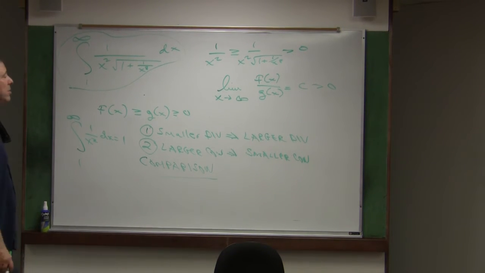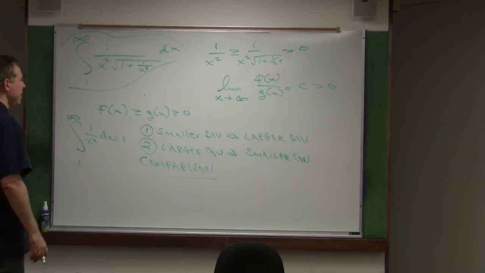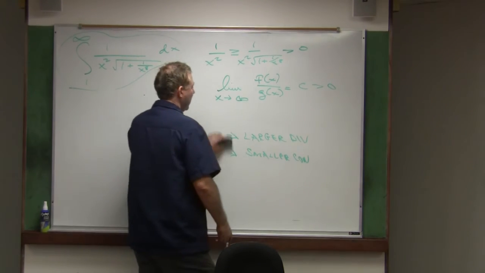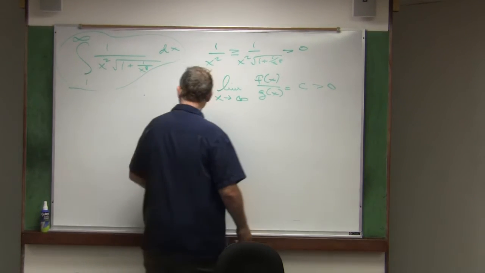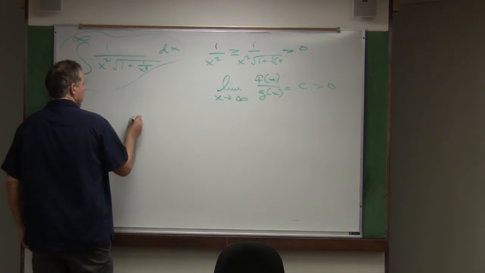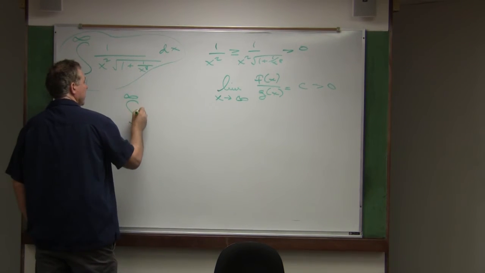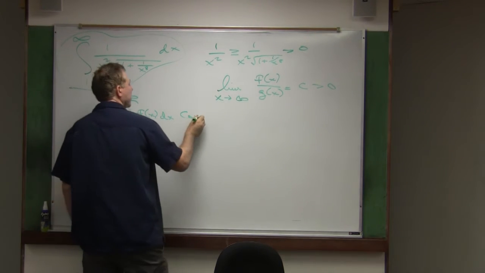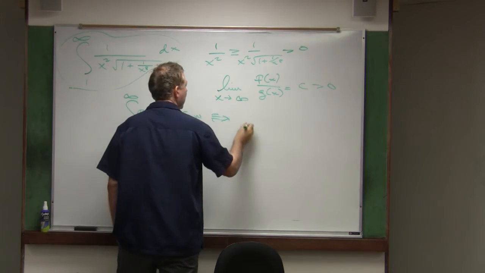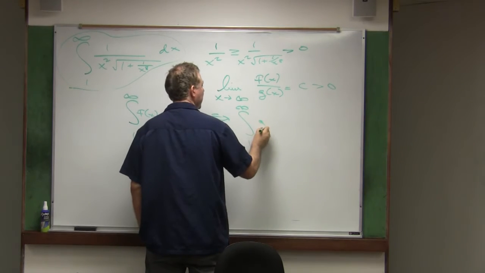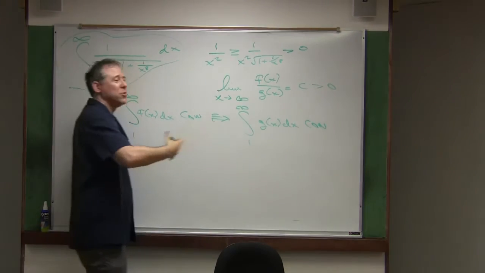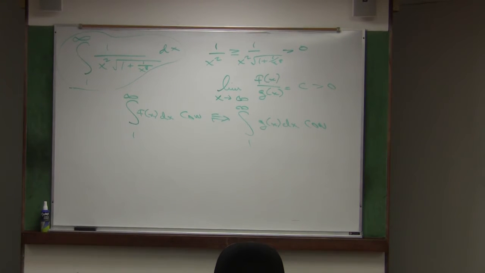So in this case, if you do have a positive constant, then the limit comparison test is going to say that the integral from 1 to infinity of f is going to converge if and only if the integral from 1 to infinity of g converges. In other words, they will have the same behavior.